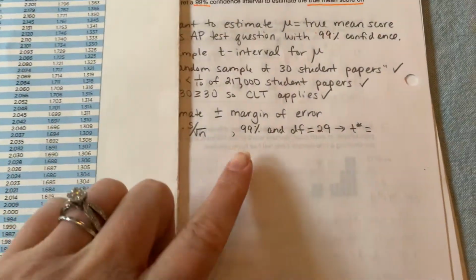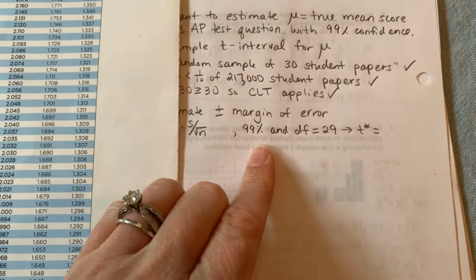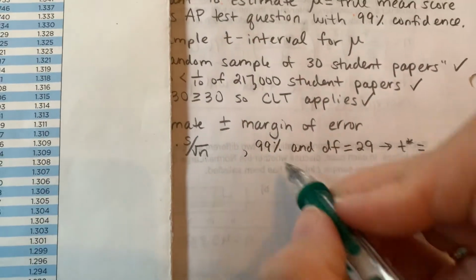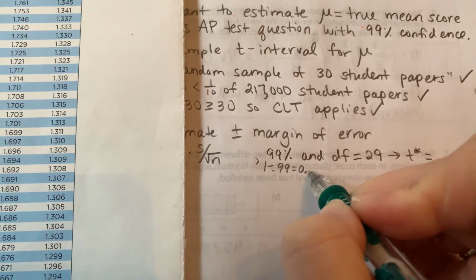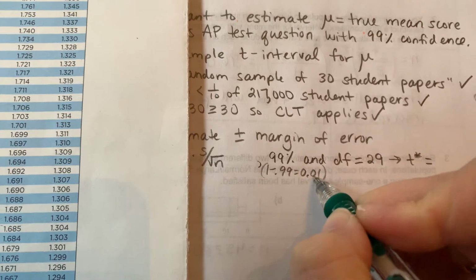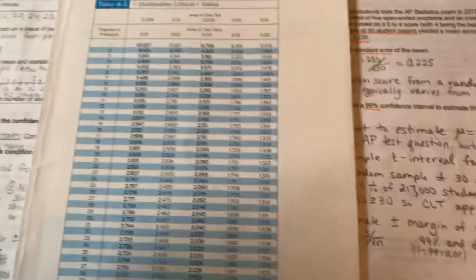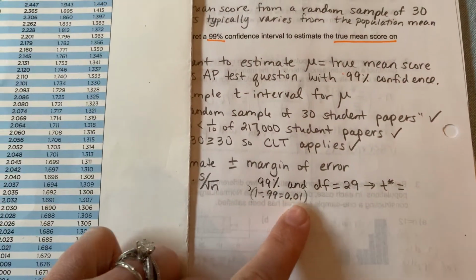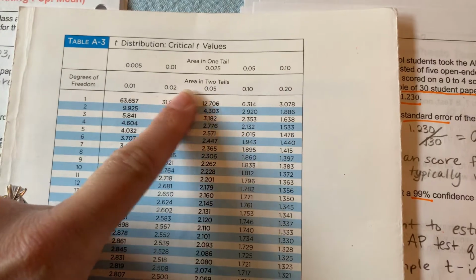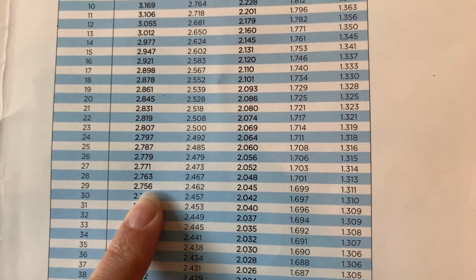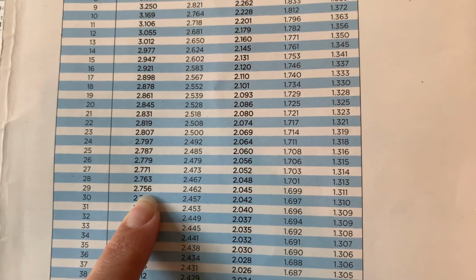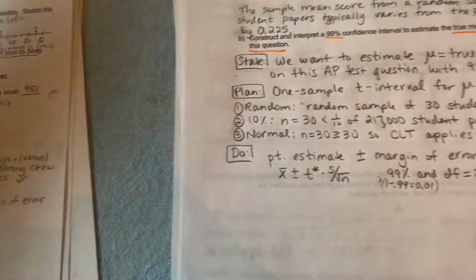If our confidence level is 99%, 1 minus 0.99 is 0.01. That would be our area in two tails. So I need area in two tails of 0.01 and degrees of freedom 29. Scan that down to degrees of freedom of 29. There it is, 2.756. That is my t star value.